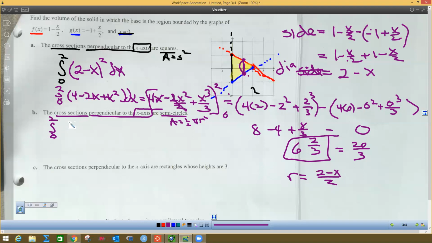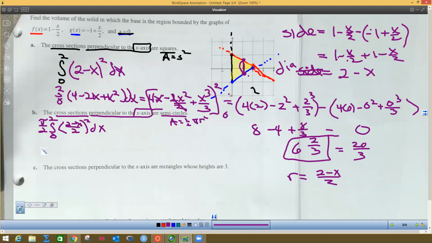We have all these semicircles going in there. I'm going to take this half and stick it out front, because it's a coefficient. I'm also going to take my pi out there. So I'm going to stick my pi on top of that, because a half times pi is pi over 2. And then this is my radius, so I have to square my radius.